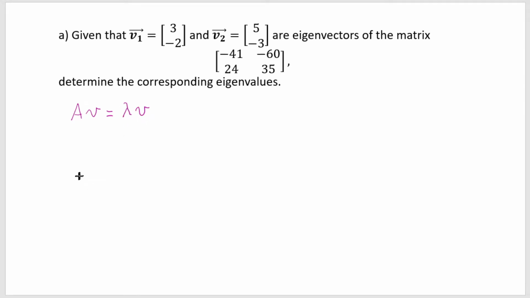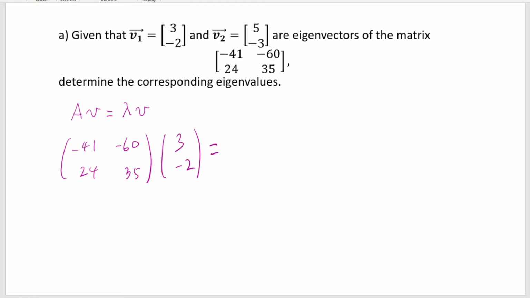So since A is this matrix, negative 41, negative 60, 24, 35, let's try to multiply it by 3, negative 2 and see what we get. You multiply a column vector and a matrix by going across and down.